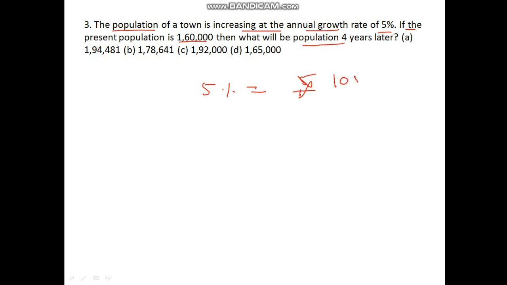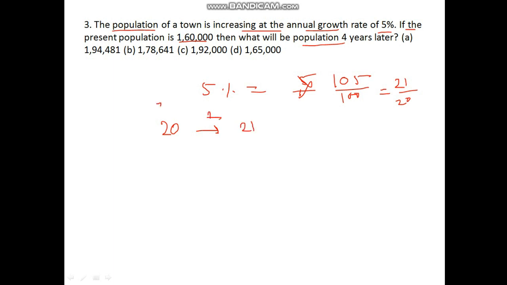As it is increasing, we take 105 by 100, that is equal to 21 by 20. So in each 20 people, the increase is 1.